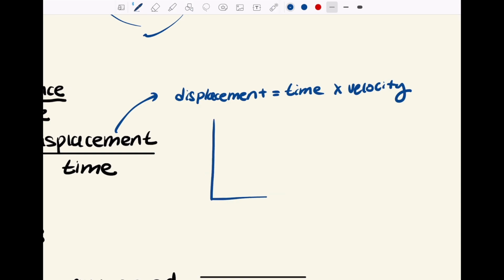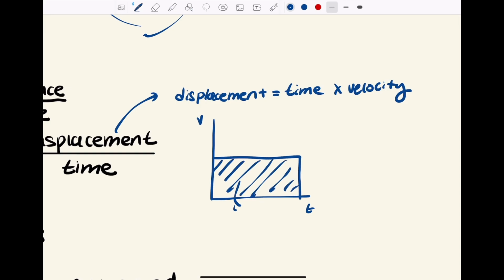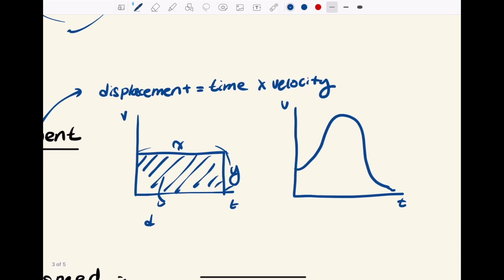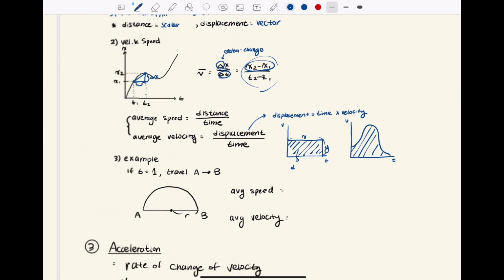Assuming that this is a velocity-time graph, the area of this square would be the displacement. In this case, it's really simple to find the displacement, as you can just multiply x by y. On the other hand, there are some instances where you get a very curvy graph. In this case, to find the area and therefore the displacement of this velocity-time graph, you'd have to use integrals to find the area under a curve.